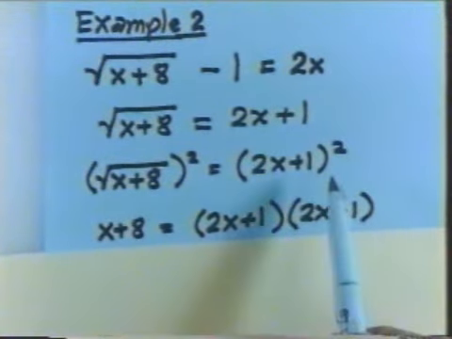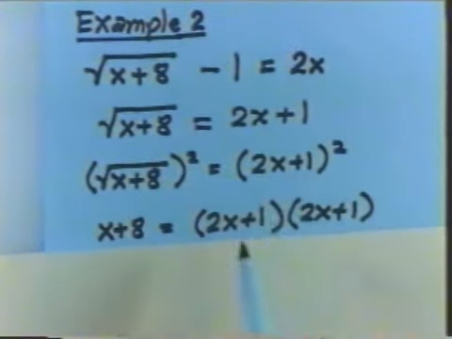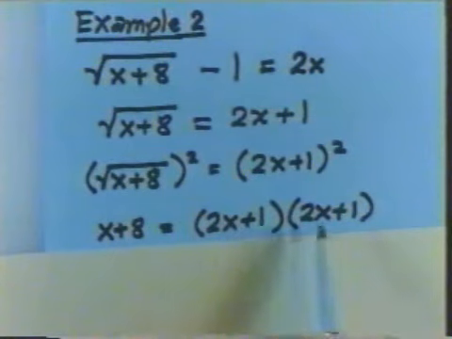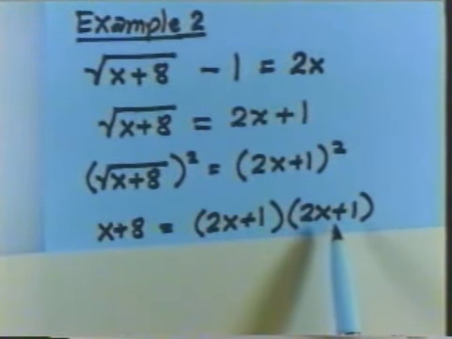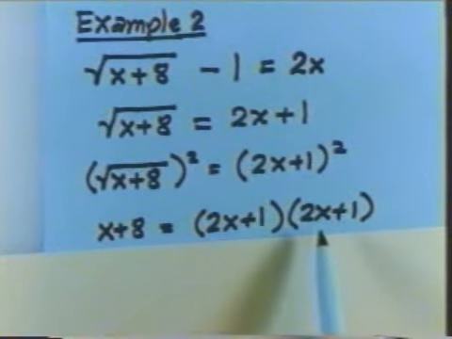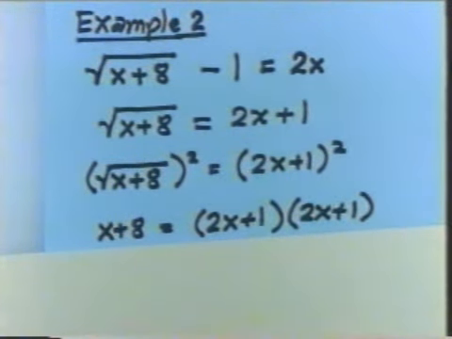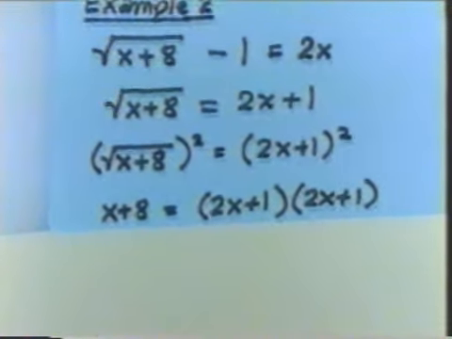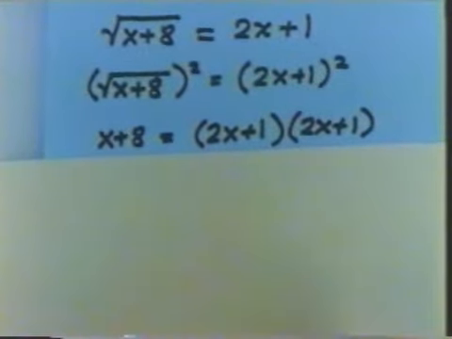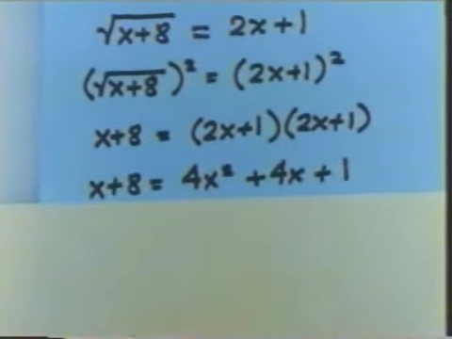On the right-hand side, we're squaring this binomial. That means we're really using 2x plus 1 times 2x plus 1. When we multiply 2x plus 1 times itself, using the FOIL method, we get 4x squared plus 4x plus 1.